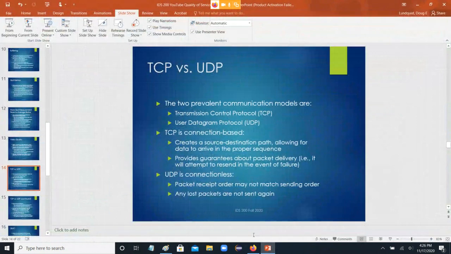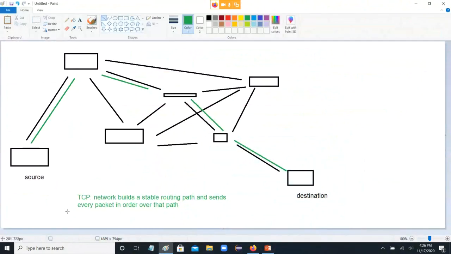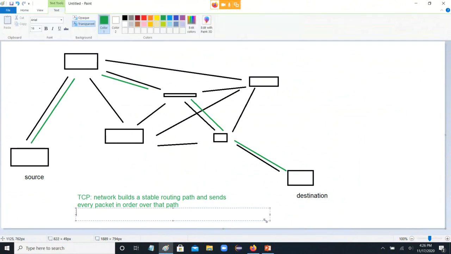Also, TCP provides guarantees about packet delivery. Okay, so with TCP, if any intermediate node doesn't get a packet, the sender will try to resend it.